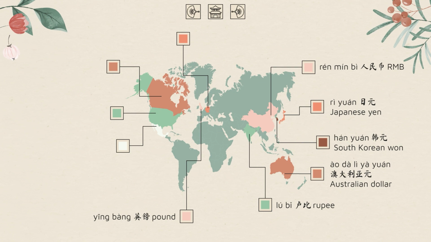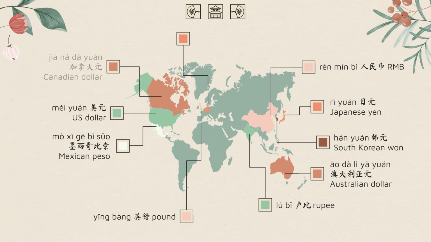英镑. The Mexican peso, again, is also phonetic. 墨西哥 is Mexico. 比索 sounds like peso. 墨西哥比索. The US dollar is 美元. So 美 for 美国 America, and then put a yuan at the end. 美元.